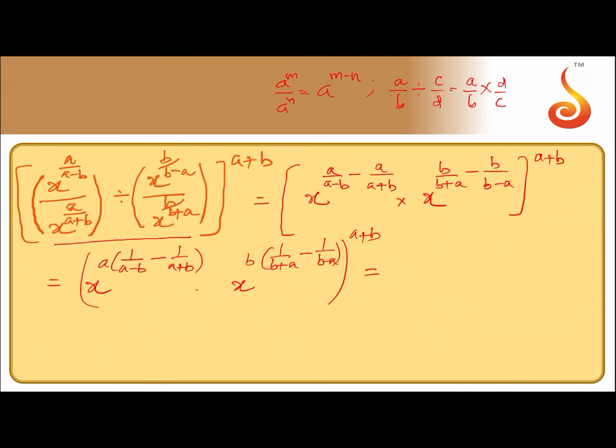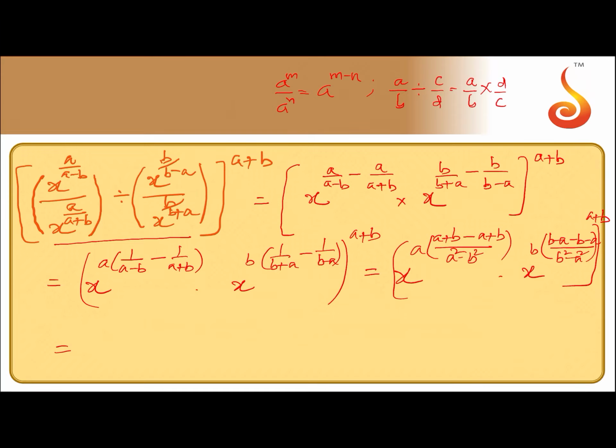On simplifying, x to the power of a multiplied by a plus b minus a plus b divided by a square minus b square, into x to the power of b multiplied by b minus a minus b minus a divided by b square minus a square, whole to the power of a plus b.